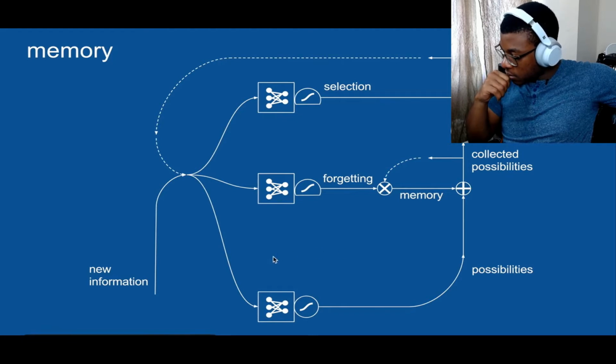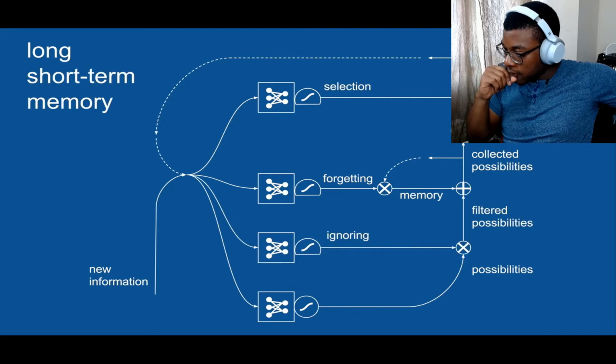And now, when we bring in new predictions, we make a lot of possibilities, and then we collect those with memory over time, and of all of those possible predictions, at each time step, we select just a few to release as the prediction for that moment. Each of these things, when to forget and when to let things out of our memory, are learned by their own neural networks.